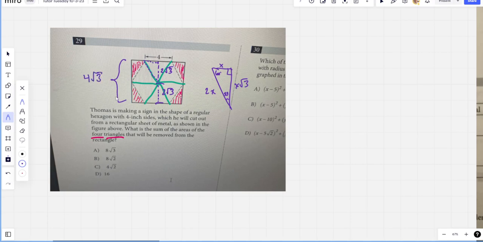And then the width. Well, we know that this here is 4, and this here is 4. So the total width is 8. So the total area of the rectangle is going to be 8 times 4 root 3, which is 32 root 3.